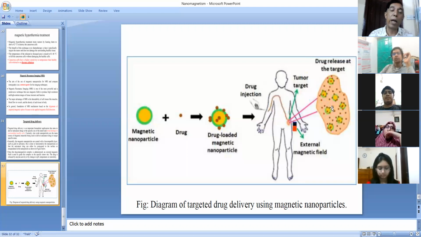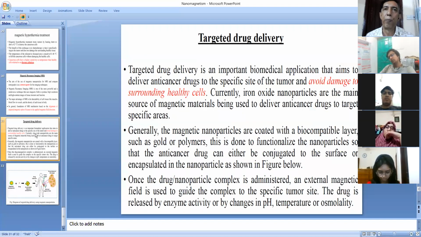But this type of curing process is not done yet actually. We have to see the various aspects of using this type of material, because as the nanoparticle enters into the cell, it may produce harm to the cell.